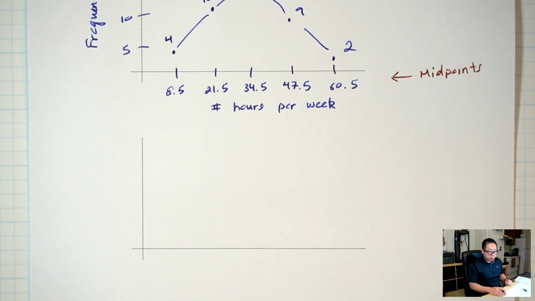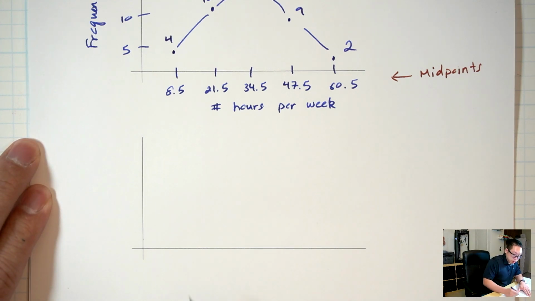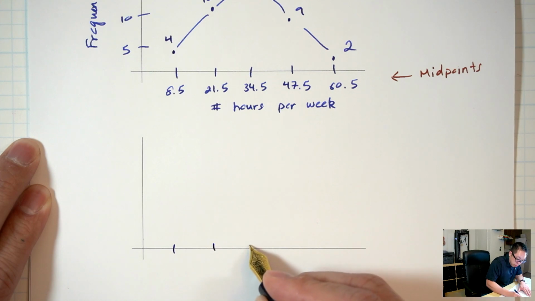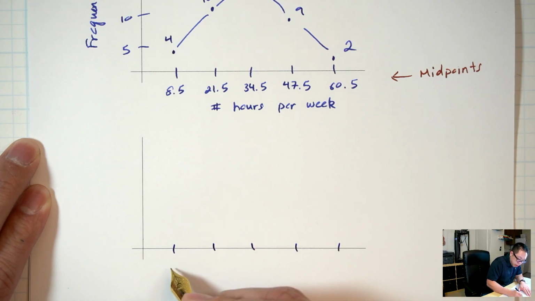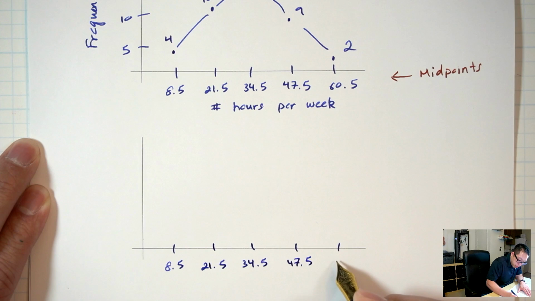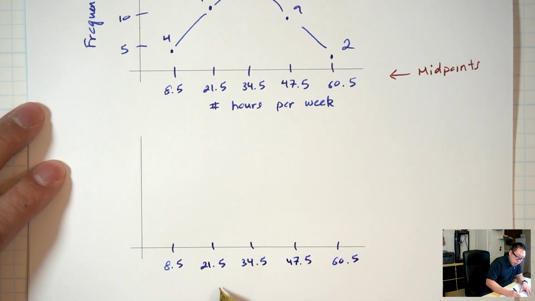A relative frequency polygon, same thing. On the bottom, we're going to put the midpoints, so exactly the same as above. And these x-axis numbers, our data represents number of hours per week.